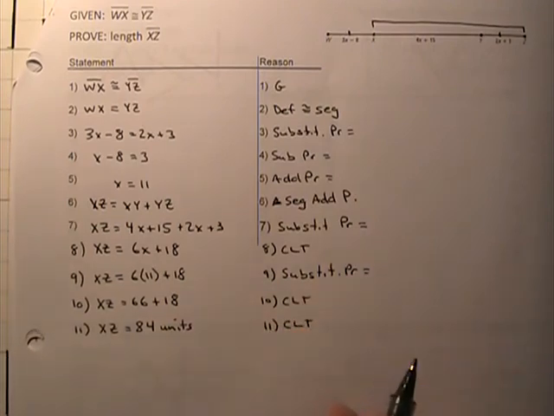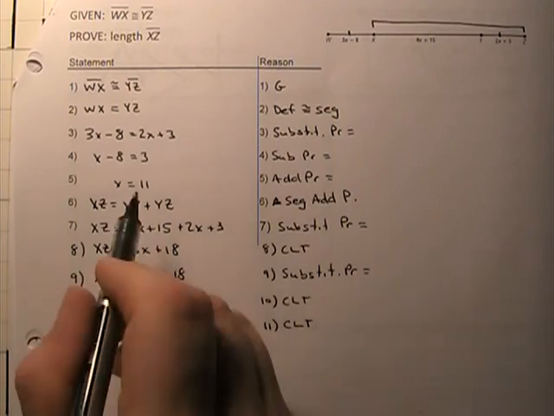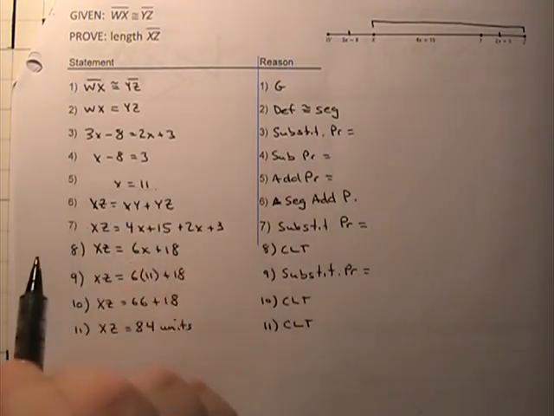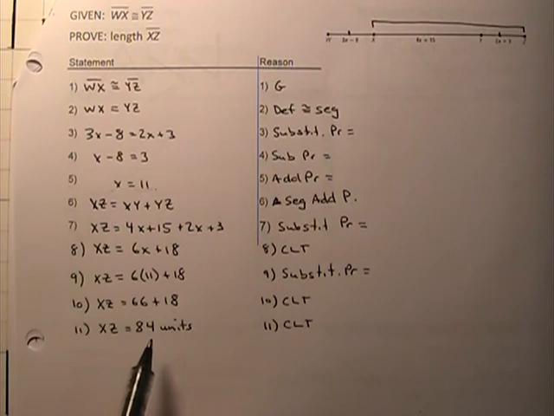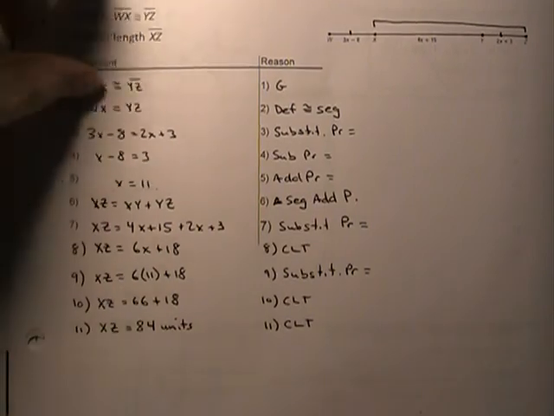Okay, well that was a long proof. I'm not sure if I remember doing this in the solution, so maybe I stopped here somewhere. So we get the length of XZ, and that's the end of that video.